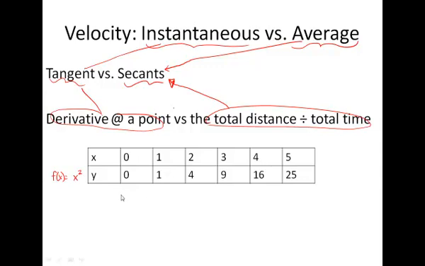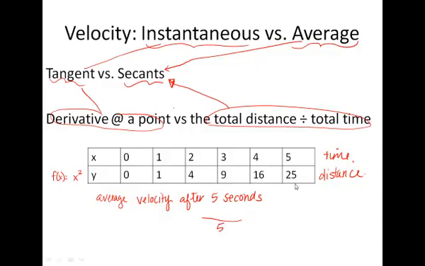If I ask you for the average velocity after 5 seconds, given a chart of the distance he's traveled over time, you'd say the total change in time was 5 seconds, and the total change in distance was 25 minus 0. It just happens to be an easy 25. So we get 5 feet per second.